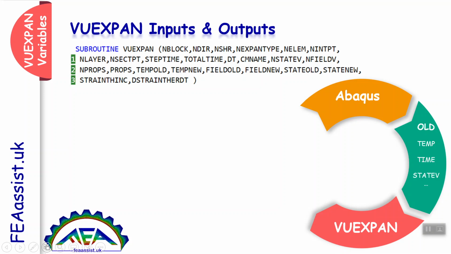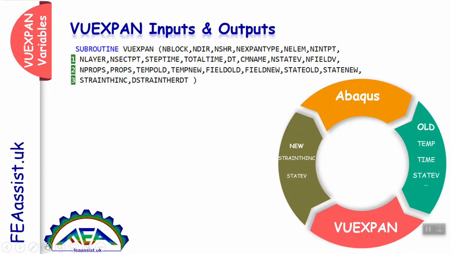In the VUEXPAND subroutine, we need to process these variables and compute new variables like the thermal strain increment, state variables, and all the outputs, and return these outputs to Abaqus.